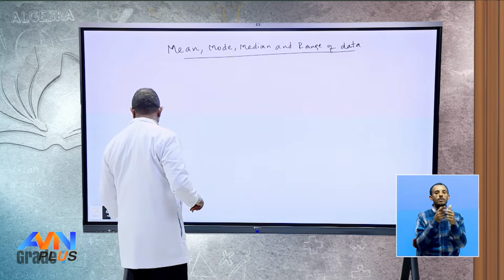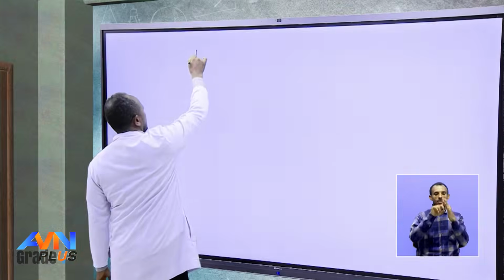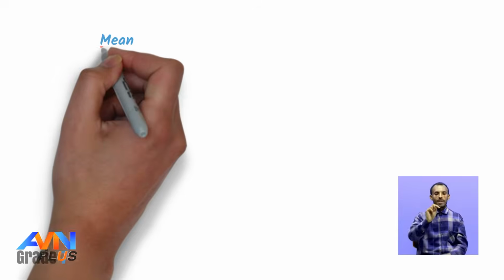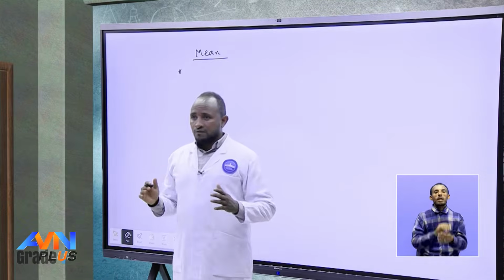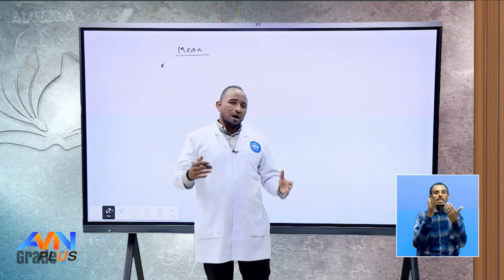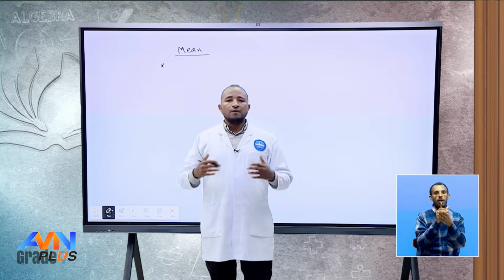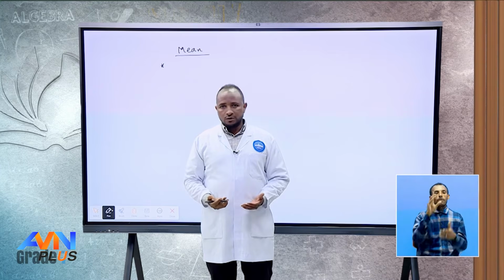First, let's start from mean. The mean of a set of data is simply given by the sum of the data divided by the number of the data values.